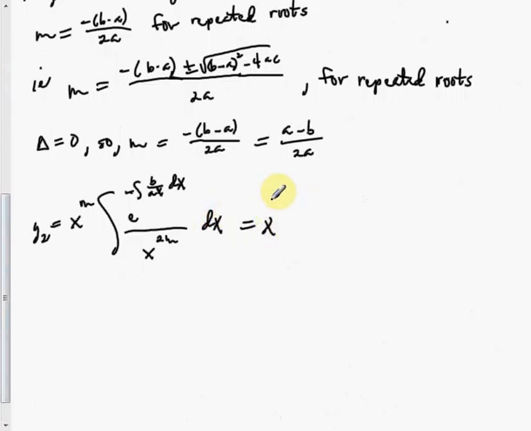So this is x to the m times the integral of e to the, we integrate this term, so this is negative b over a times the natural log of x, all over x to the 2m dx.